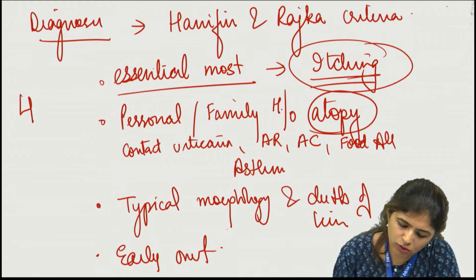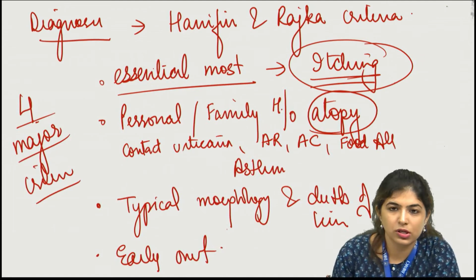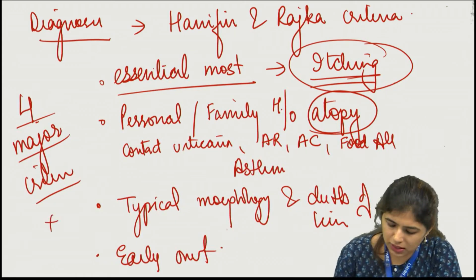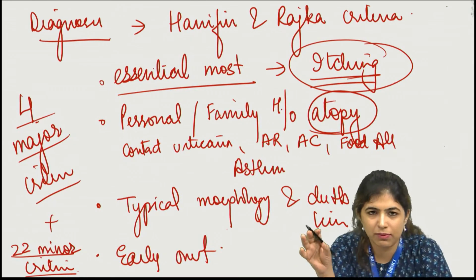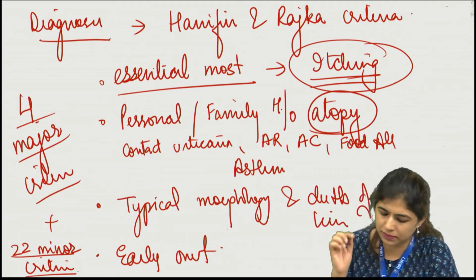These are the 4 major criteria. You need to have at least 3 of these. Apart from this, you have 22 minor criteria. You need not remember them, just remember these important points. Okay?